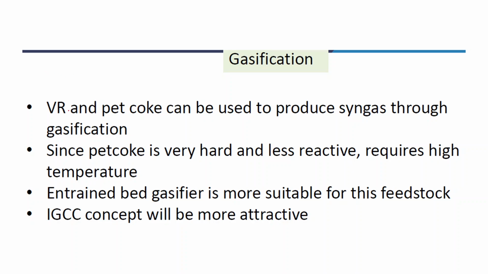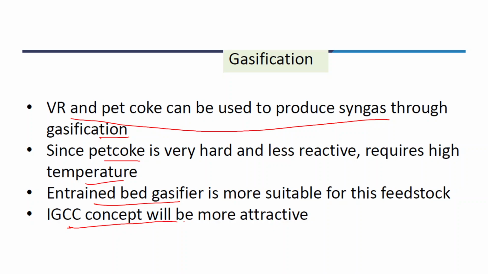Vacuum residue and pet coke can be used to produce syngas. Since pet coke is very hard and less reactive, it requires high temperature, and a drain bed gasifier can be used. The IGCC concept which we studied in coal is more attractive for gasification. Since we studied it in detail during the production of energy from coal, it is not explained in much detail here.